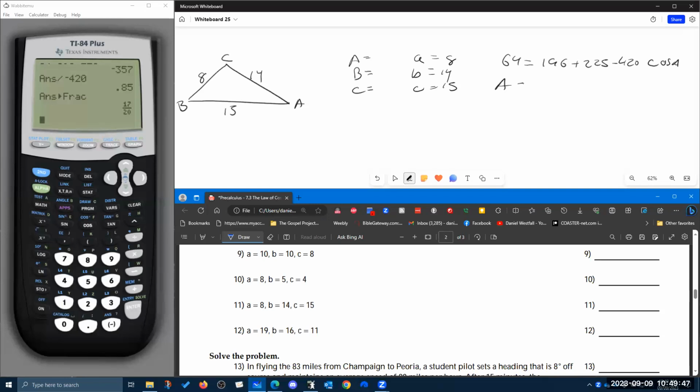A is going to be equal to arc cosine 17 over 20, which would be 31.79 degrees.